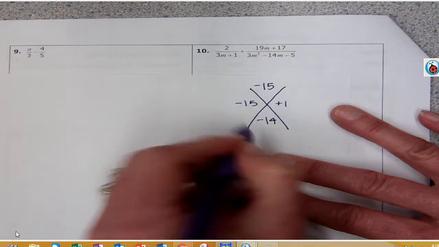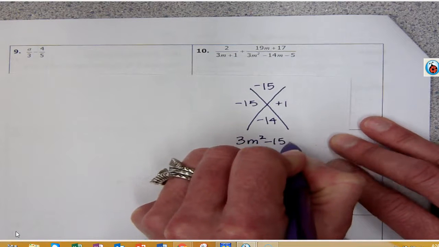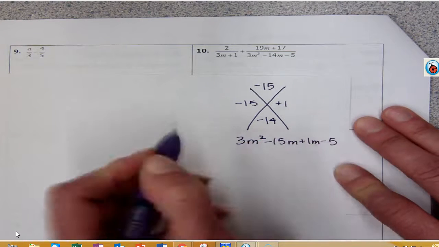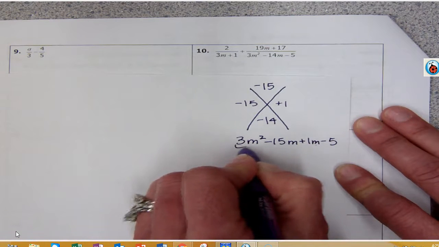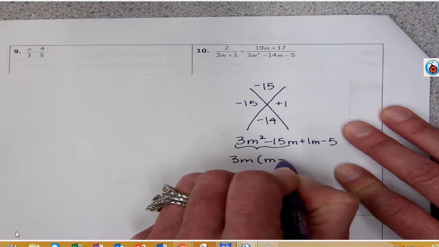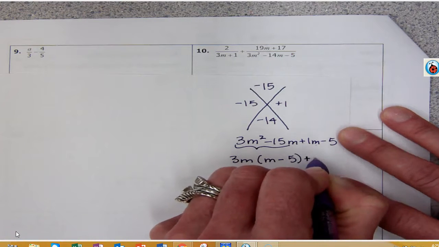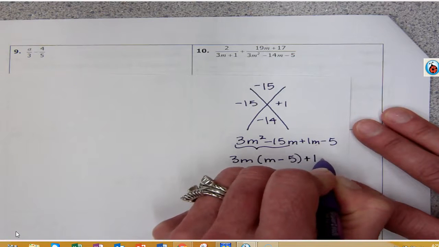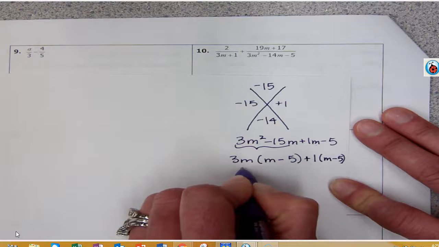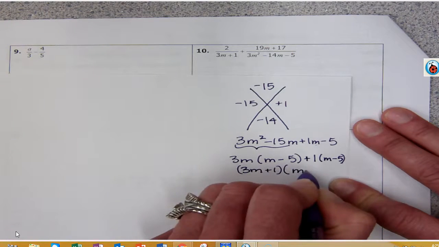Then we can do the grouping, which is 3m squared minus 15m plus 1m minus 5. Then when I group, I'm going to take out a 3m and I'm left with m minus 5, plus, take out a 1, and I'm left with m minus 5. So my two factors are 3m plus 1 and m minus 5.